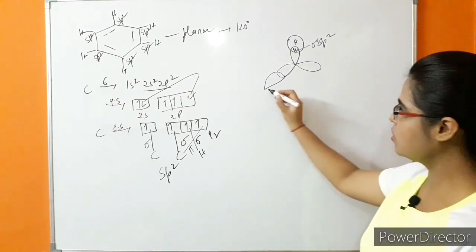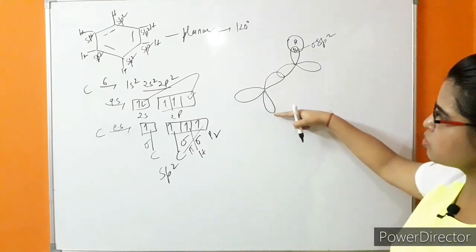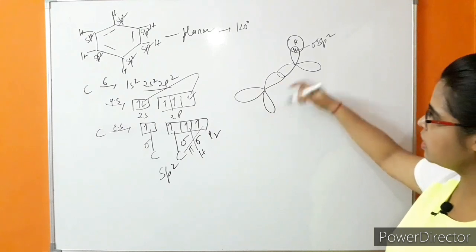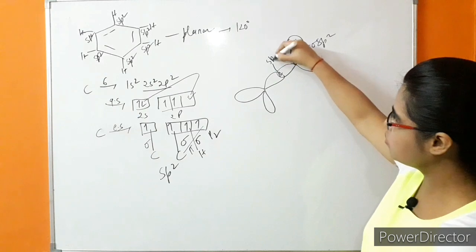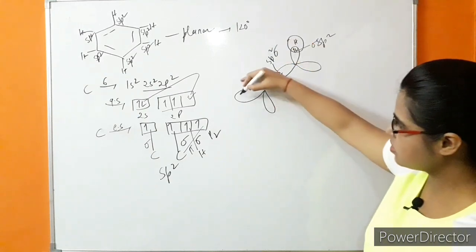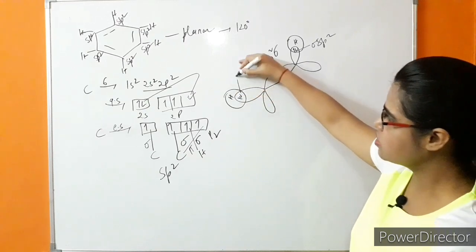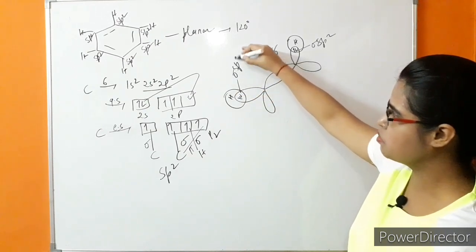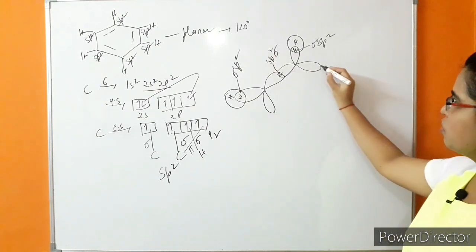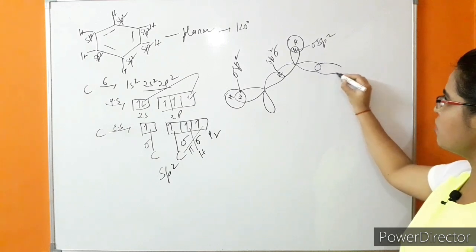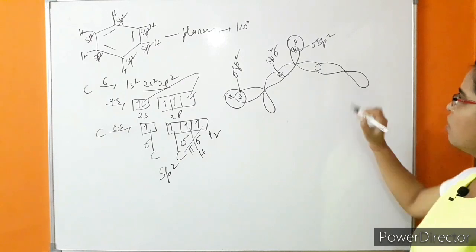So this is the next carbon, and it also has 3 hybridized orbitals. So pairing is taking place. Because of that, this is an sp2 sigma bond. In this case, pairing will take place with the hydrogen. Because of that, this is also known as a sigma sp2 bond. Whereas this orbital of this carbon is overlapping with the next orbital of another carbon, and this is the next orbital of this carbon.